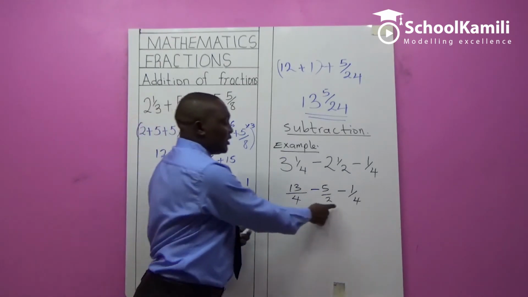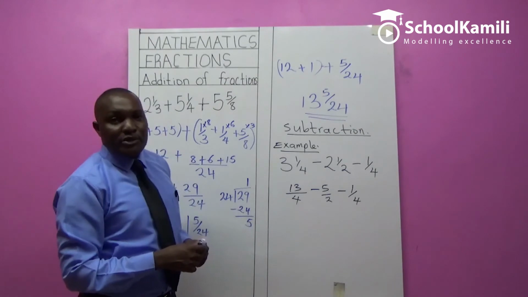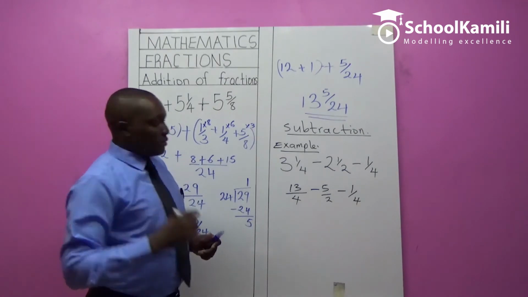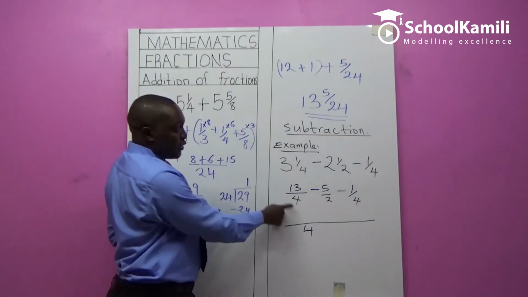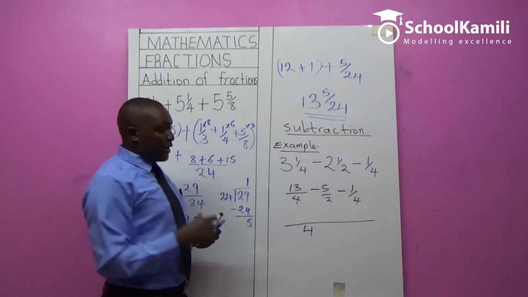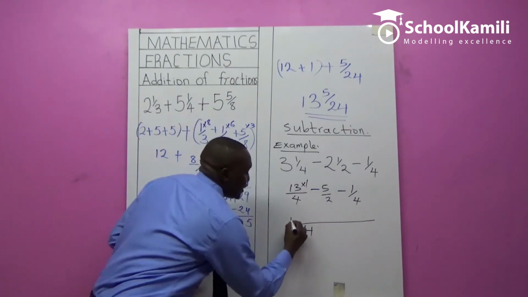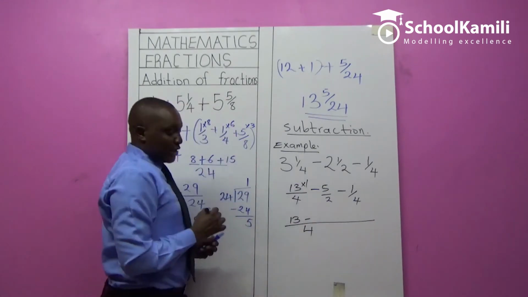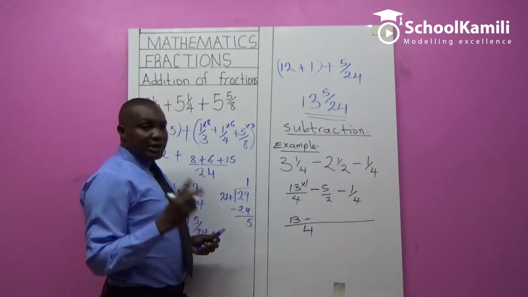Find the LCM of the denominators, that is 4, 2, and 4. The LCM is 4. How many groups of 4 can you obtain from 4? It's one group. So take that one, multiply it by the numerator, which is 13, you'll get 13. Subtract. How many groups of 2 can you get from 4? Those are 2 groups.